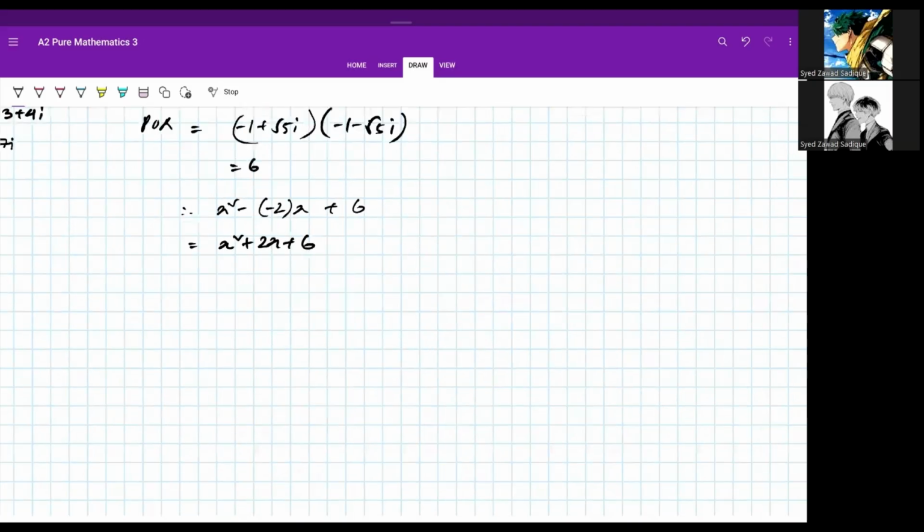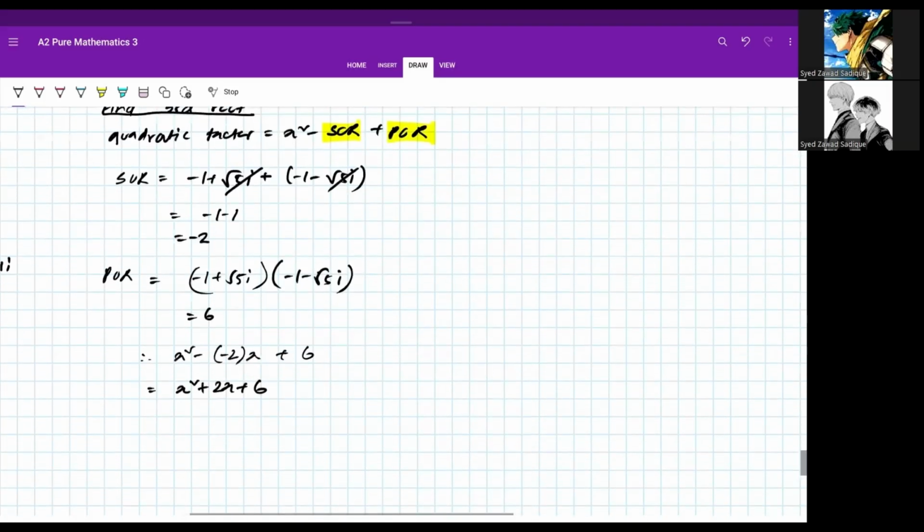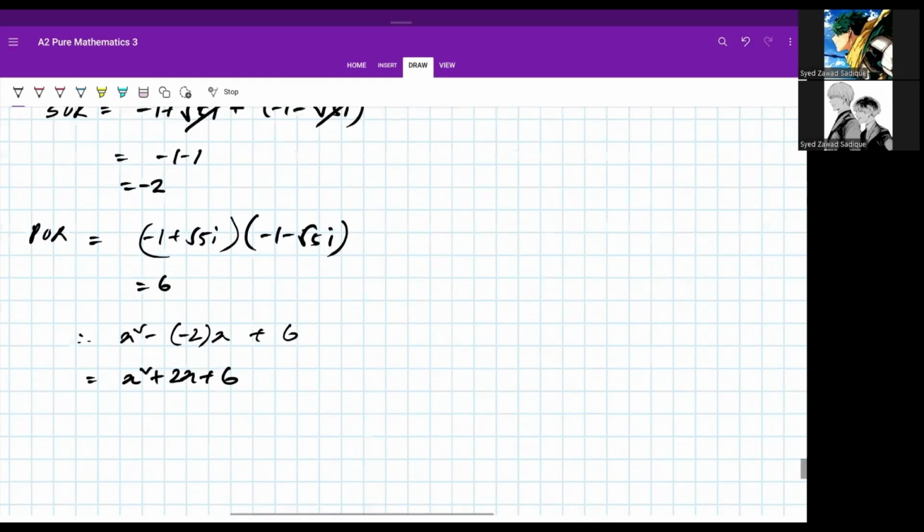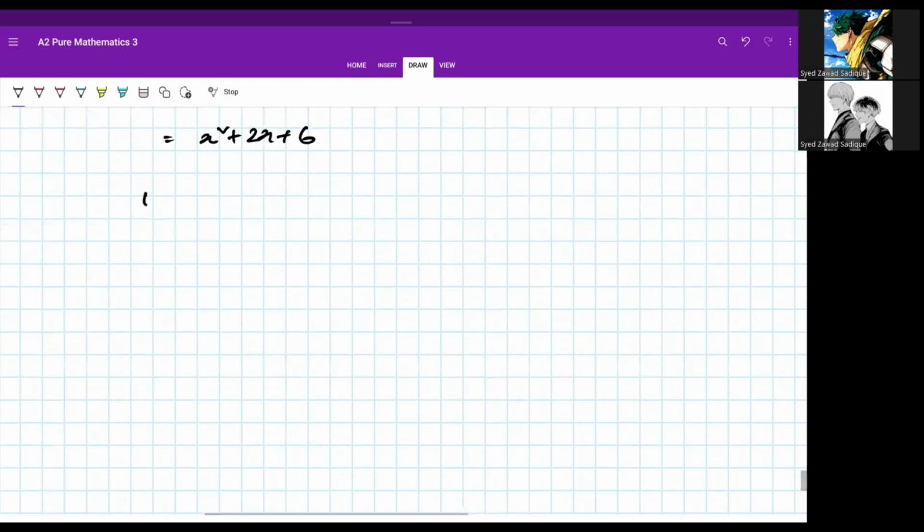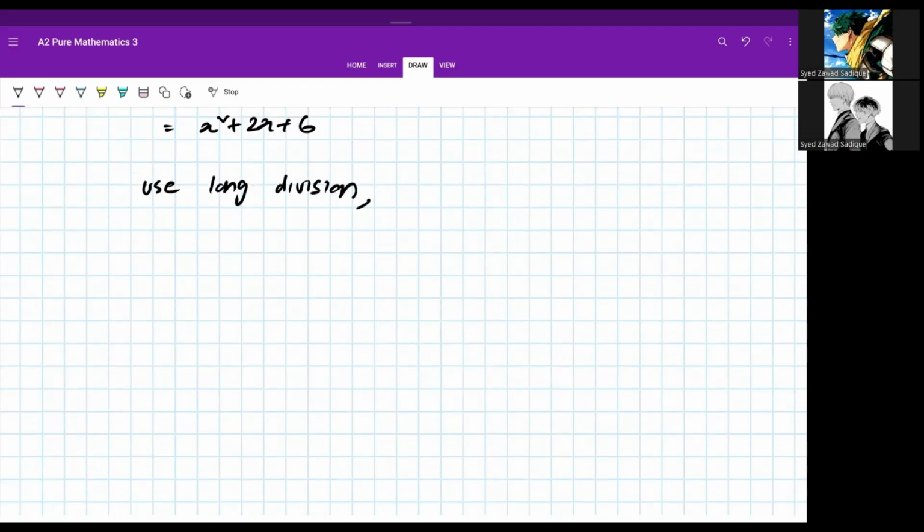So we still haven't found out the third root yet. Then what we have to do is use long division, dividing by x squared plus 2x plus 6.